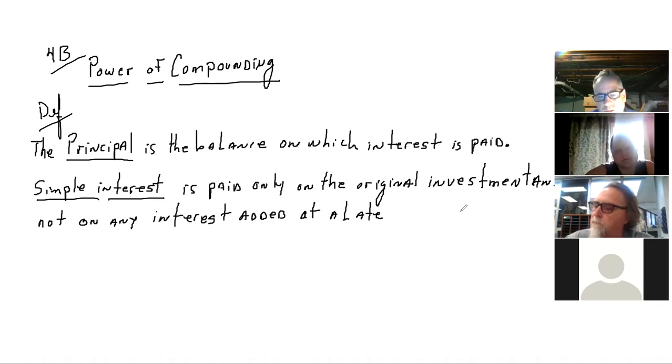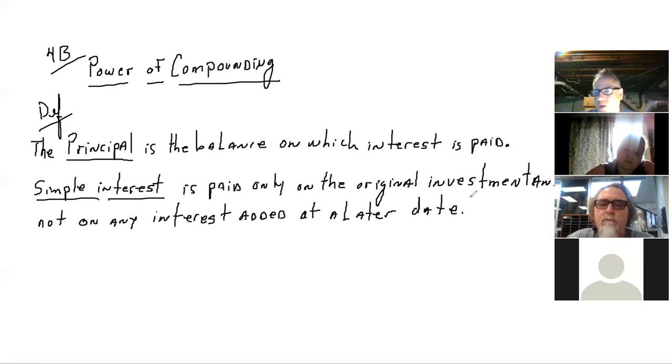So what we're basically saying is if I put $1,000 and let's just shoot the moon here and say, oh, I've got an annual simple interest rate of 10%, just good round numbers. Then I'm going to be every year earning $100, 10% of 1,000, and so that would be the interest paid.